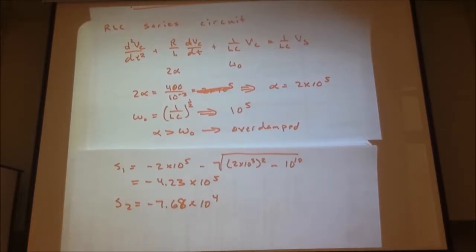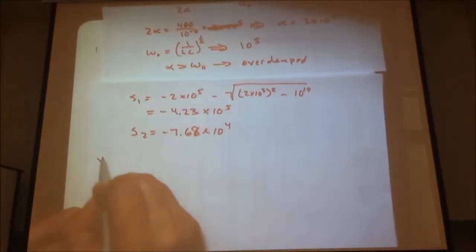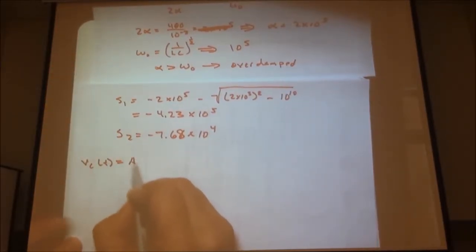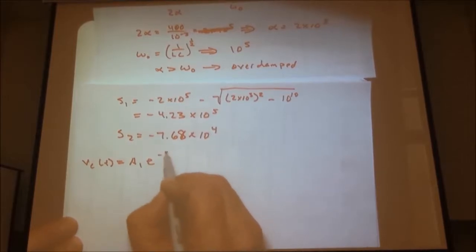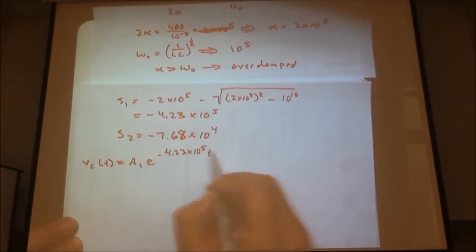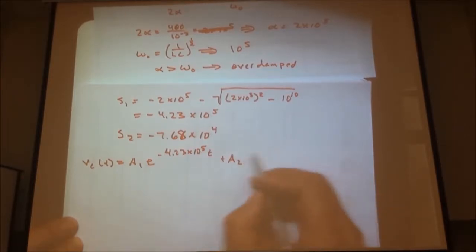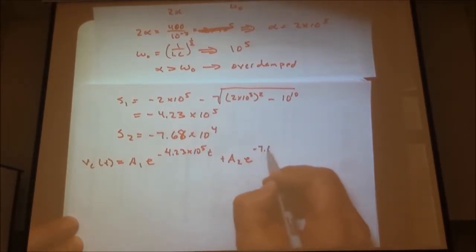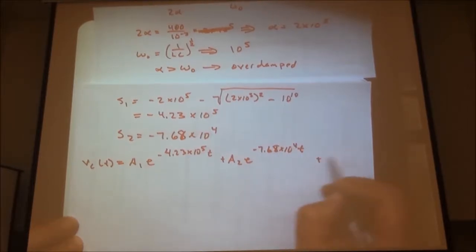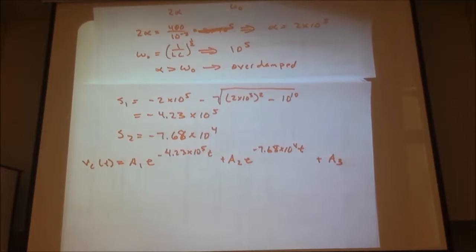And there's our two expressions, and now once we know our S1 and S2 and we know it's overdamped, we can very quickly go straight to our solution form. VC of t equals A1 e to the minus 4.23 times 10 to the 5t plus A2 e to the minus 7.68 times 10 to the 4t plus A3 because it's a step function source.